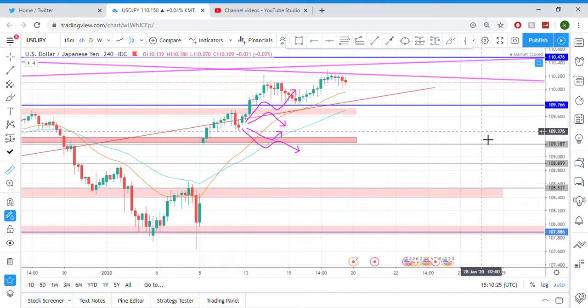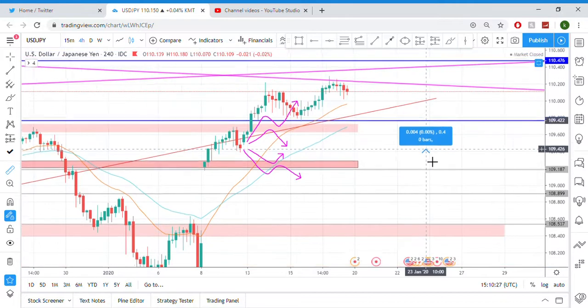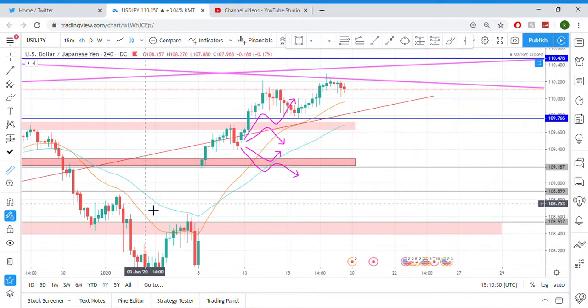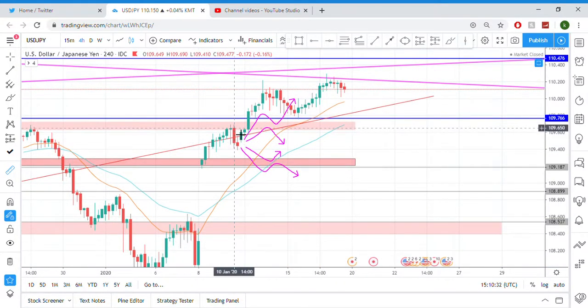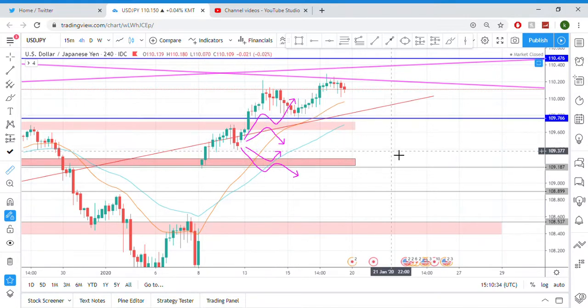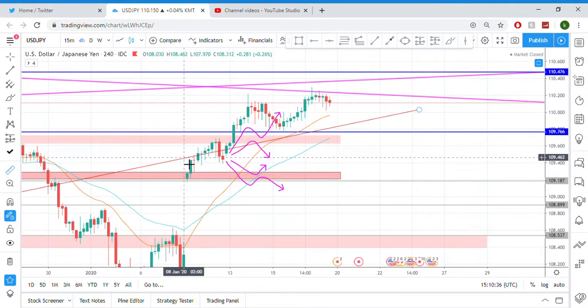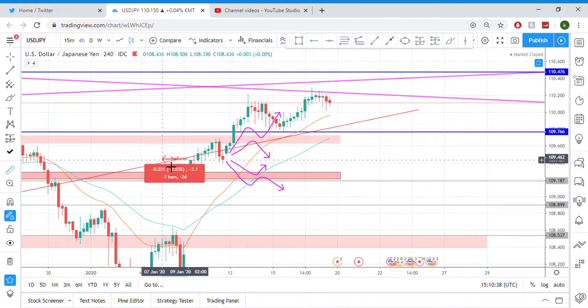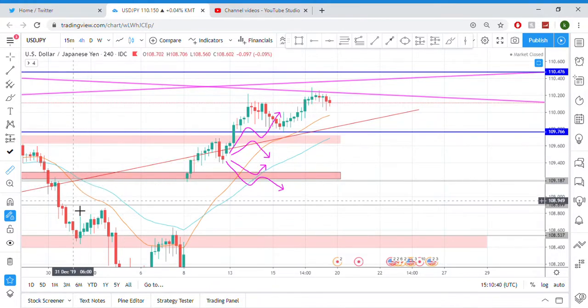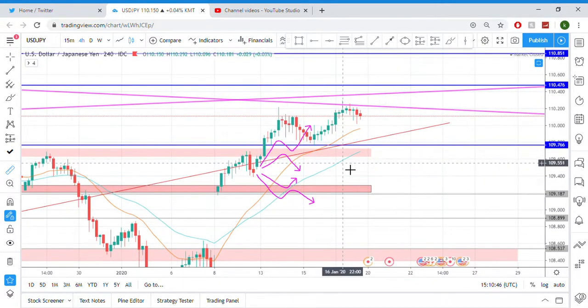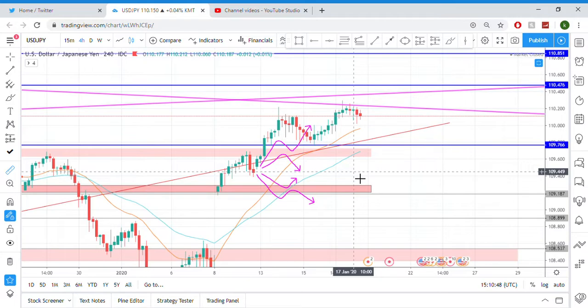USD JPY, very slow movement, nothing too major. I think it was due to last week there was a big bull run to the upside, and we were essentially looking to short USD JPY, especially after breaking very well on the daily uptrend. But now we're back into the daily uptrend, so we have to readjust everything, which we'll do for you on the weekly analysis video.